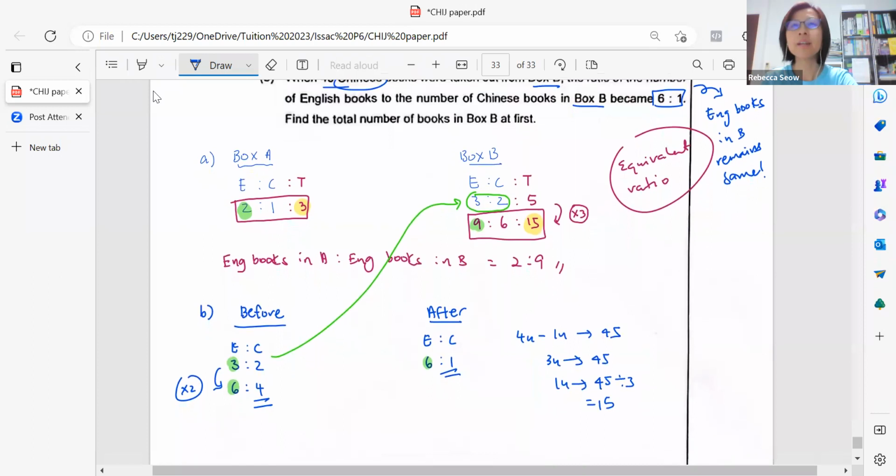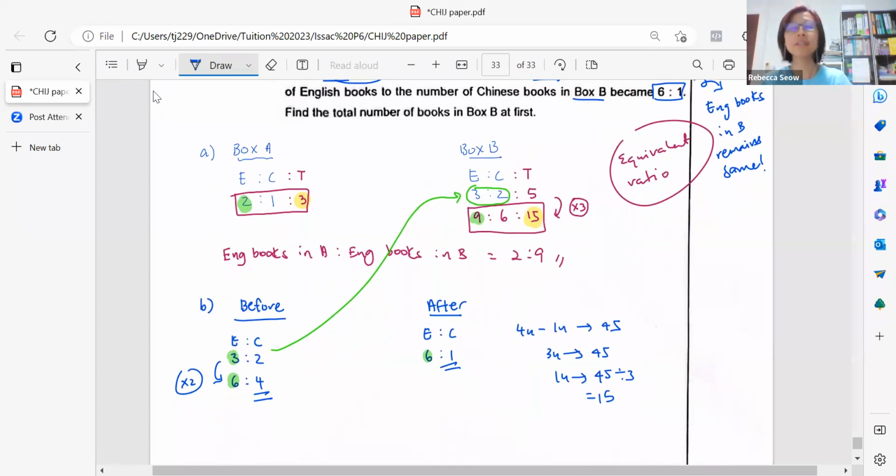All right, now that we have 1 unit being 15, how do we find the total number of books in box B at first? So, in the first place, box B has got how many units? Perhaps what we can do also is to actually see how many units box B has at the end. We can look here.